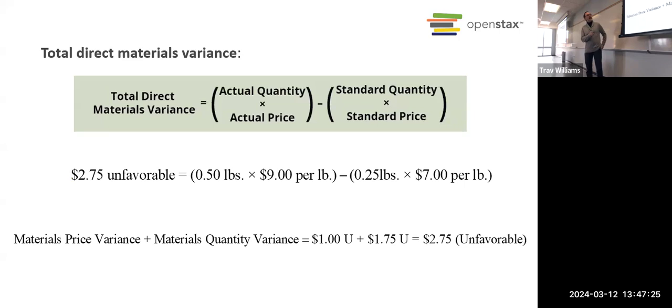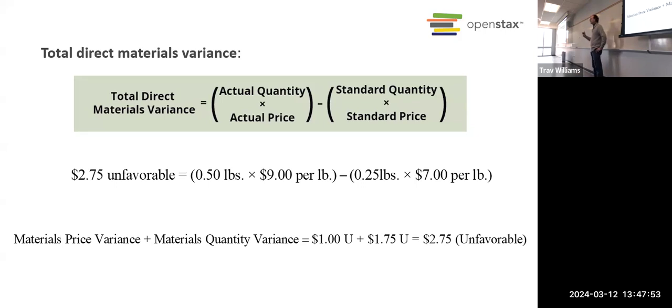All right, then to get your total variance, there are two ways to do it. I usually do it the easy way, which I think is more efficient. Here's the harder way. Harder way would be this formula: actual quantity times actual price minus standard quantity times standard price. You could do it that way.